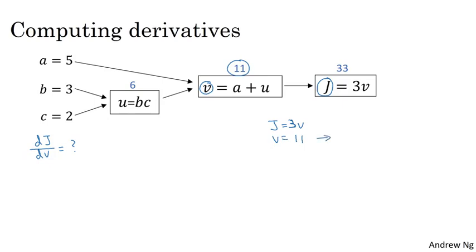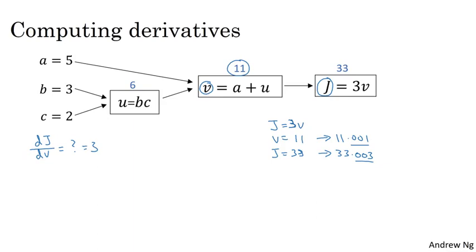So if we were to bump up v by a little bit to 11.001, then j, which is 3v, so currently 33, will get bumped up to 33.003. So here we've increased v by 0.001, and the net result of that is that j goes up 3 times as much. So the derivative of j with respect to v is equal to 3, because the increase in j is 3 times the increase in v.